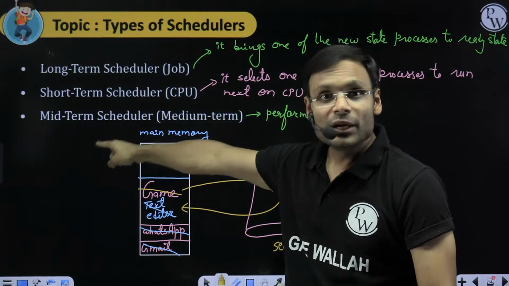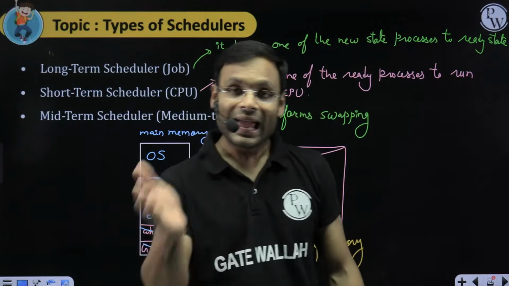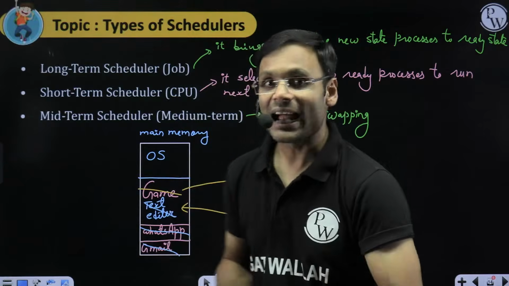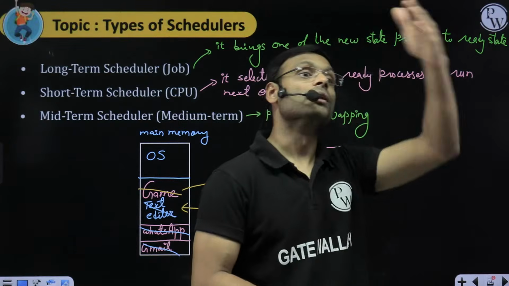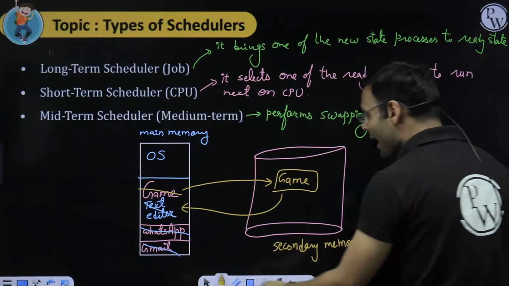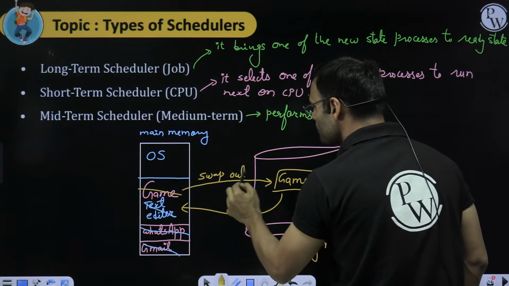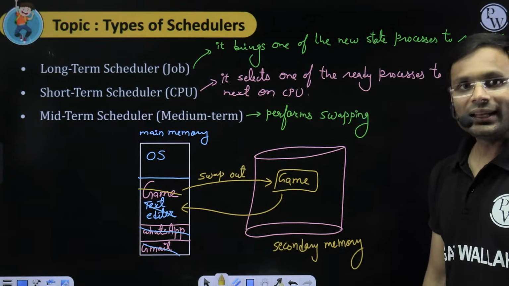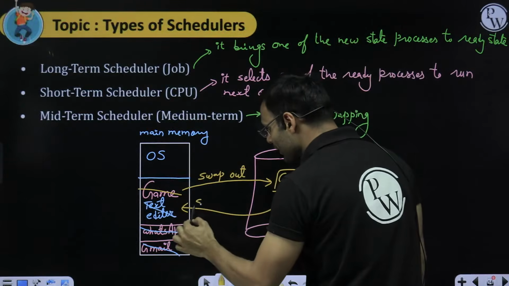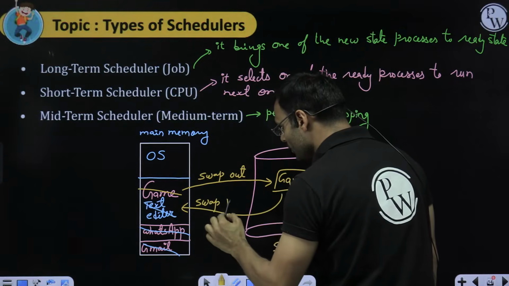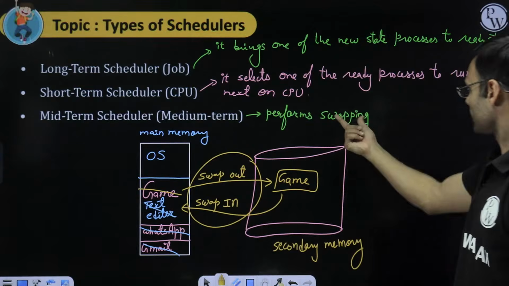The medium term scheduler, a program of the operating system, acts here and decides which among all main memory processes I can remove. Remove means swap out so that RAM can have space. And when needed again, that game comes back in, swap in. This is completely together called the swapping process.